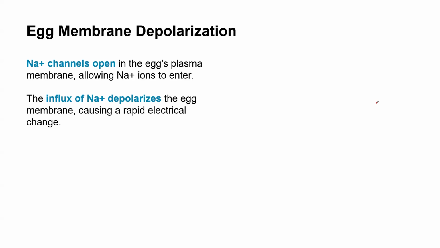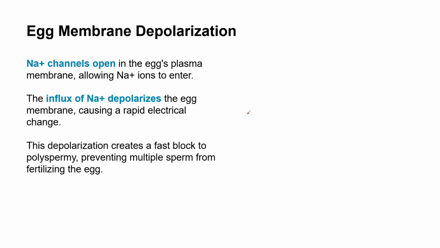As a result of that, it triggers the sodium channels to open, and after they open, they allow sodium ions to enter. The influx of these sodium ions will depolarize the egg membrane, and after this depolarization, it will cause a rapid electrical change.